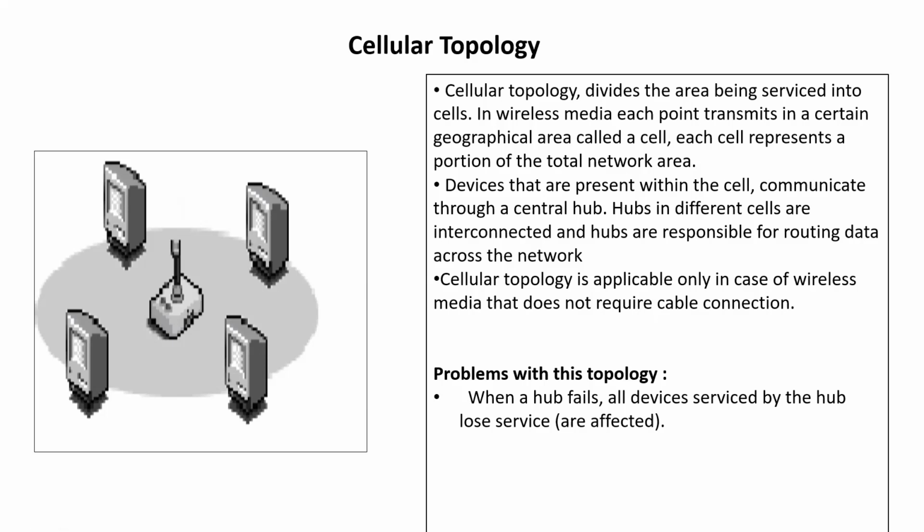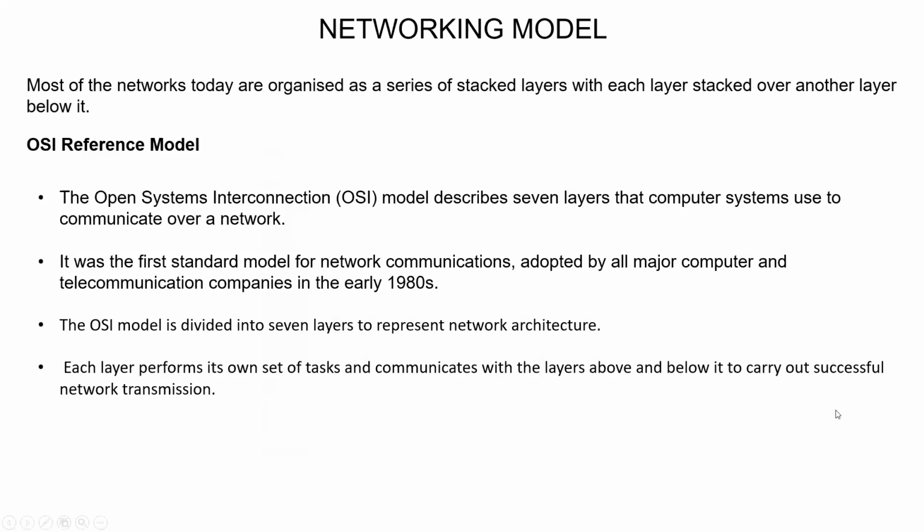So here we have covered all the topologies. Now next is the networking model or network model. So basically, what is a model? I hope you have learned the database model concept in the database management system. So what is that database model? It is the layout, the different models.